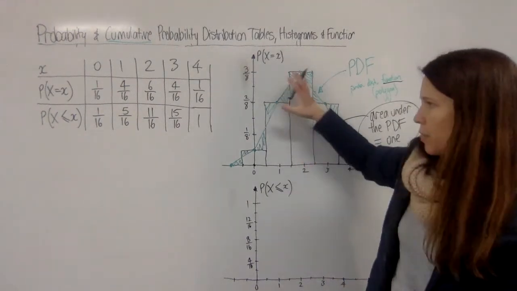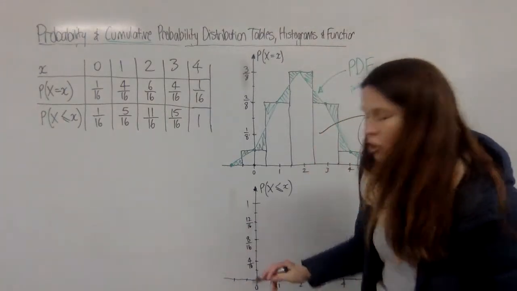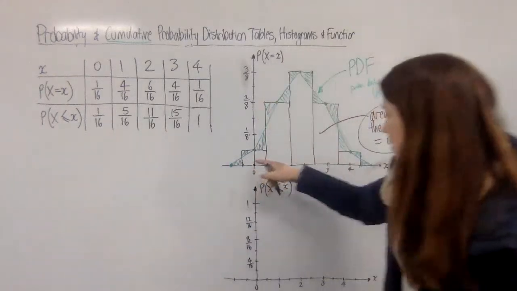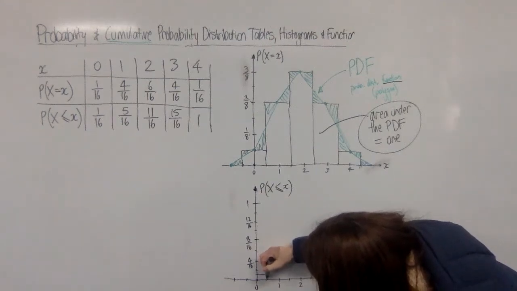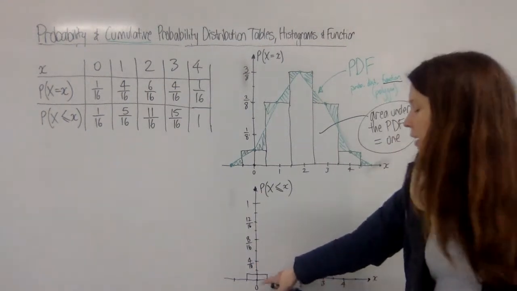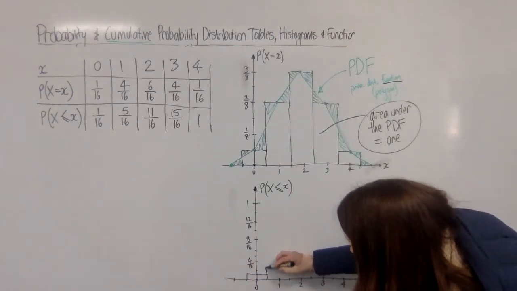Now, just as with this histogram, this one needs to extend so that each column sits above its number. So my 1/16 needs to look just like this. That's 2 16ths, so it's actually going to look a lot smaller because my scale is different. That looks like a really tiny column. Now I need 5 16ths, which is going to be here.